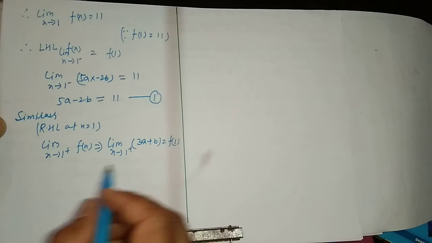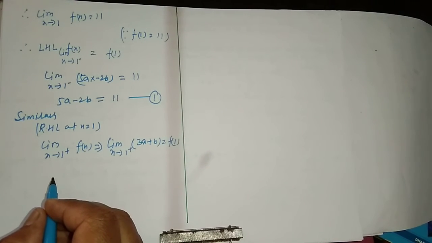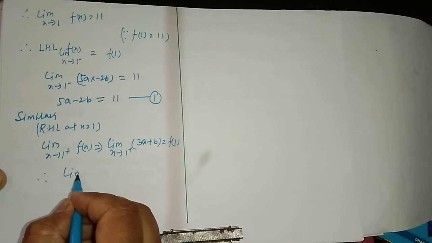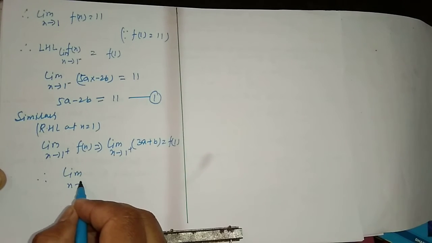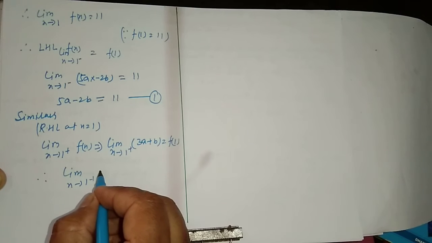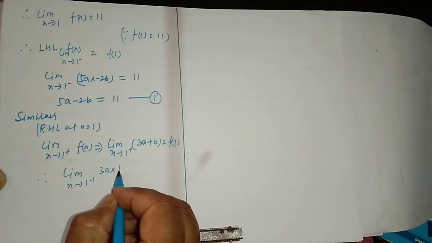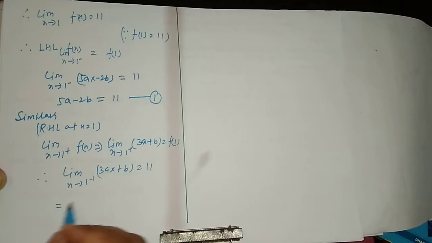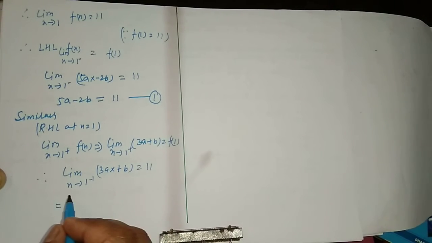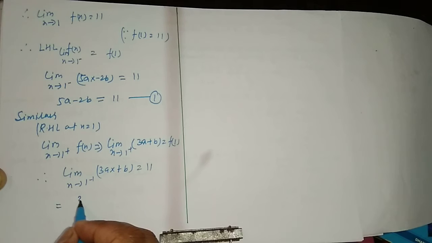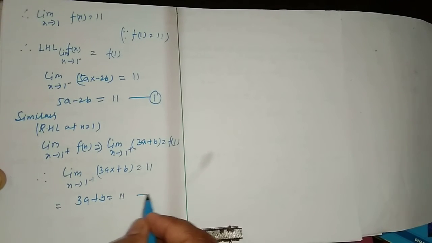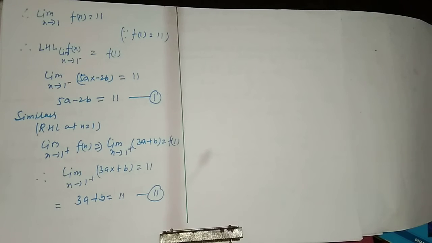Okay, when we put the value x is equal to 1, we get limit x tends to 1 plus of 3ax plus b is equal to 11. Now you can put x is equal to 1, so we get 3a plus b is equal to 11. That is equation second. Clear?